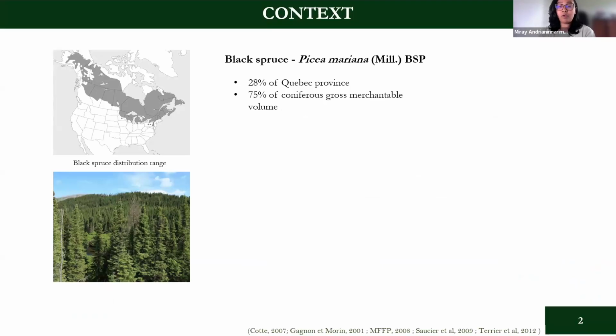It is also the most important commercial conifer species because of its wood density and fiber quality. Because of its economic and ecologic importance, various silvicultural treatments are used to optimize the productivity, the quality and the carbon stocks of black spruce stands.